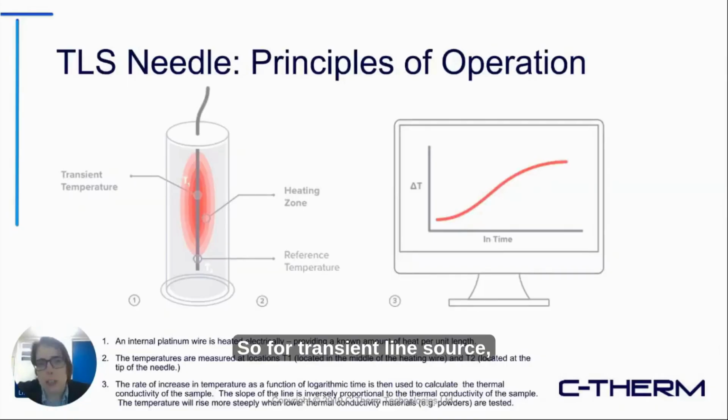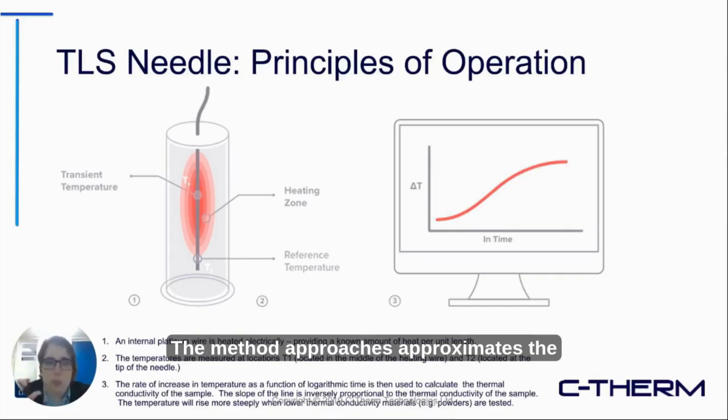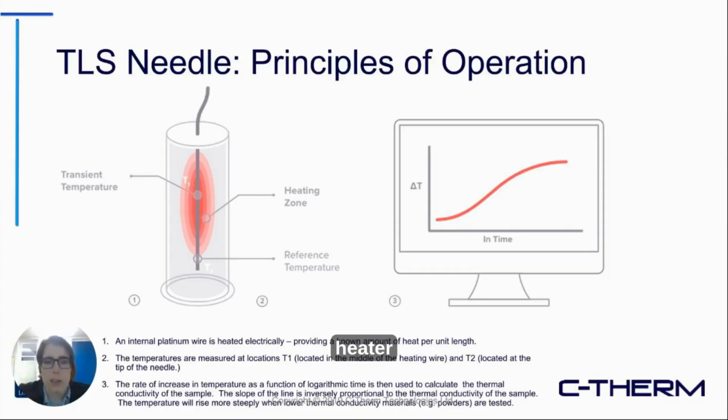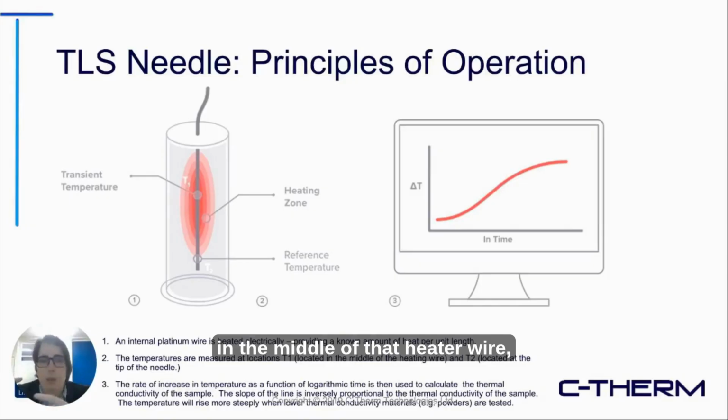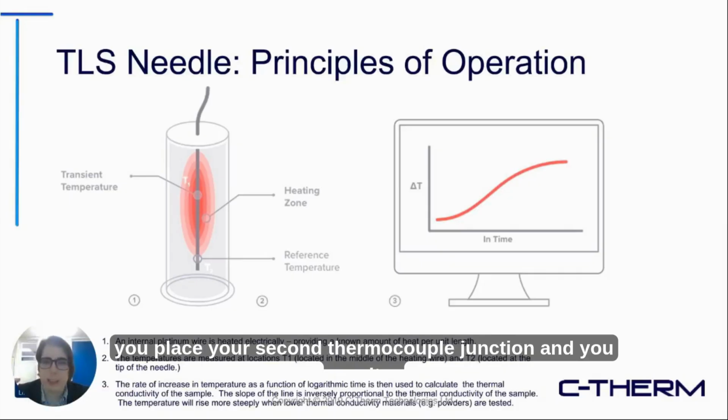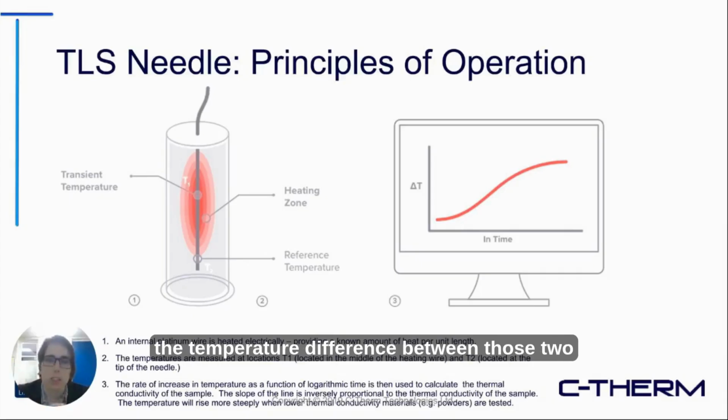The principles of operation of this test method are fairly straightforward. The method approximates the heater, or the heat source in this case, as an infinitely thin straight line. In a real-world scenario, you have a finite length of heater wire, and in the middle of that heater wire you place your first thermocouple junction. Then at the end of the needle, you place your second thermocouple junction, and you monitor the temperature difference between those two junctions as a function of time.